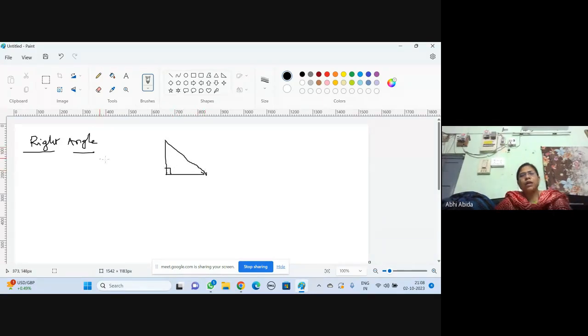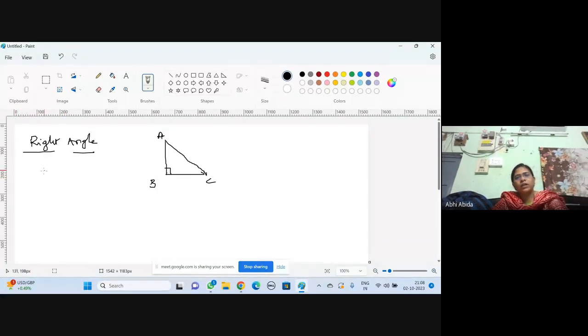For this right angle triangle we have a theorem which is applicable, that is the Pythagoras theorem. The Pythagoras theorem says that for a right angle triangle, the square of the hypotenuse will be equal to the sum of the squares of the other two sides.